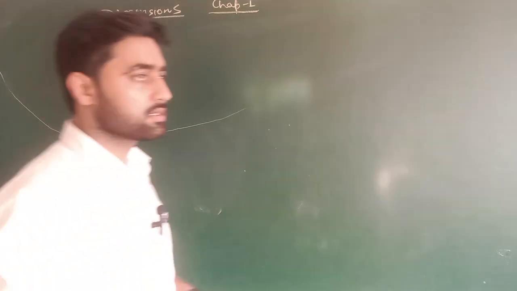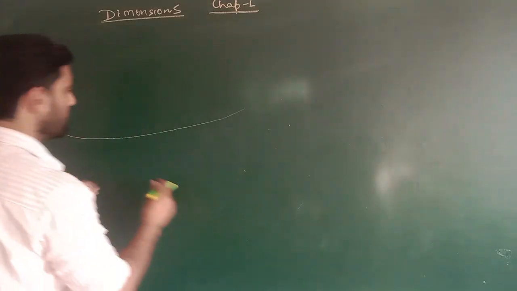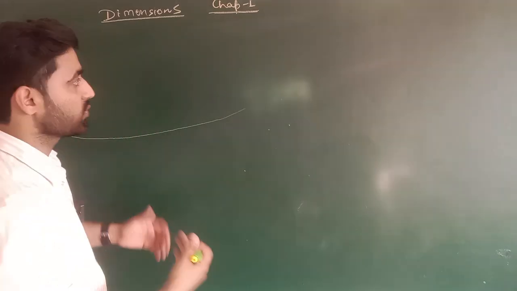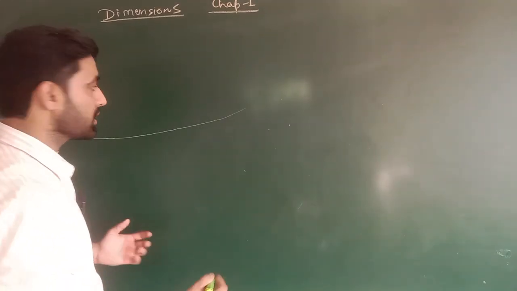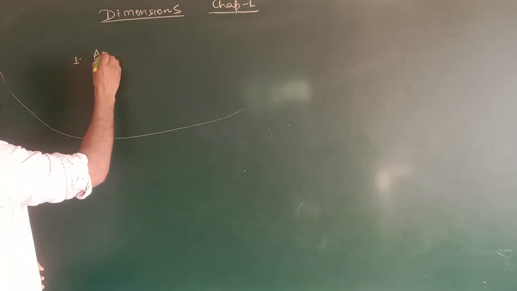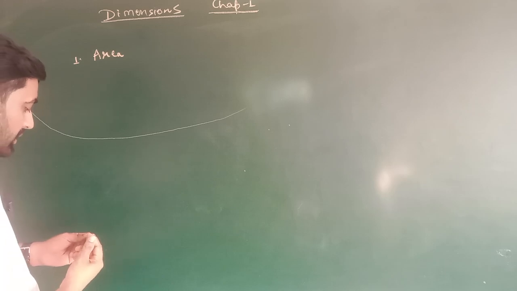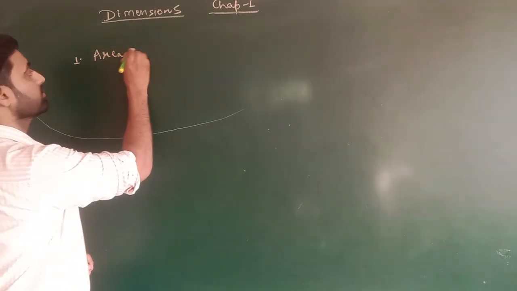Now let's discuss some basics related to the dimensional expression of any physical quantity. First is area. Area is basically a square of length.